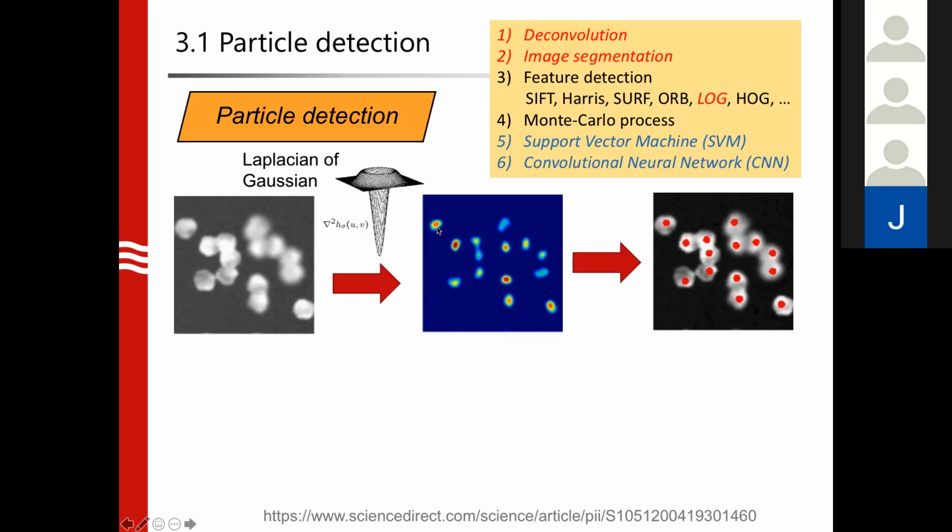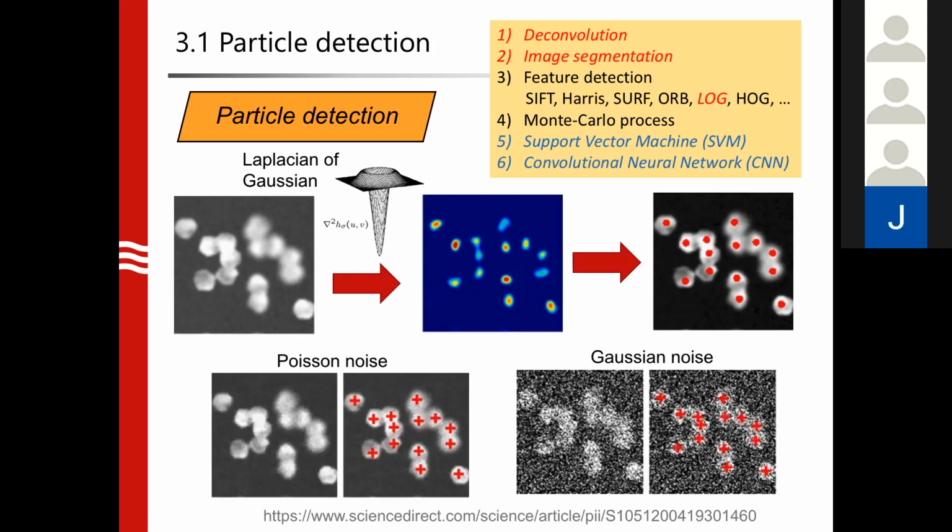Where the highest intensity or value is gives you the central position of each particle. Then you use some thresholding method or fitting method, and you can find the center of each bead. For example, on the right-hand side is the detected center position of each particle. This method is very robust. Even if you add more Poisson noise or Gaussian noise, it can still give you a very good measurement of the central position of each particle or bead.